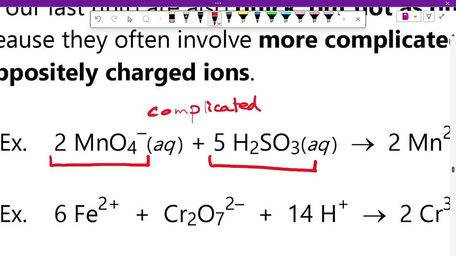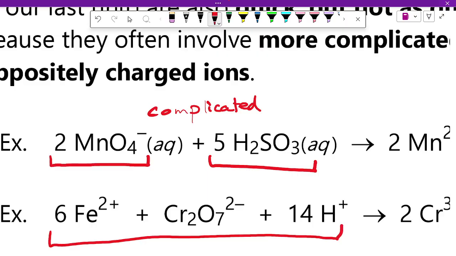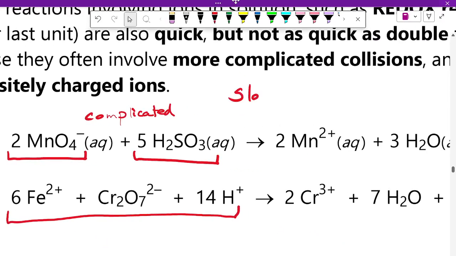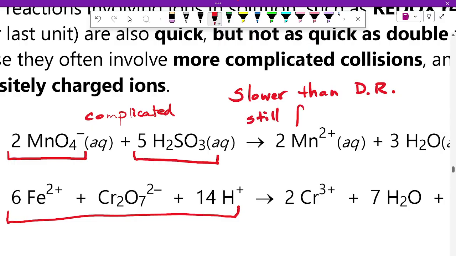So it's going to be slower. Complicated. Slower, but still faster than, say, gases. So these are slower than double replacement, still faster than gas plus gas.